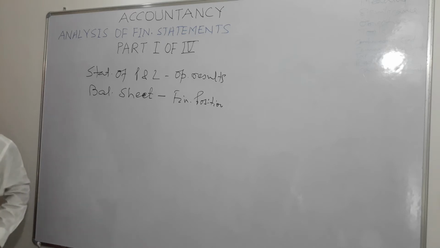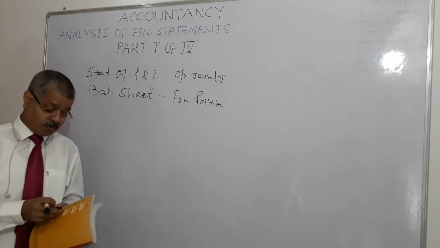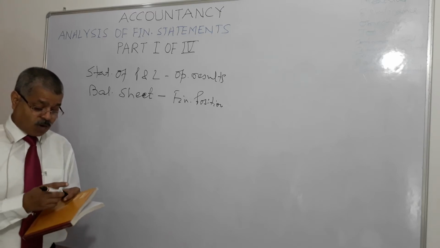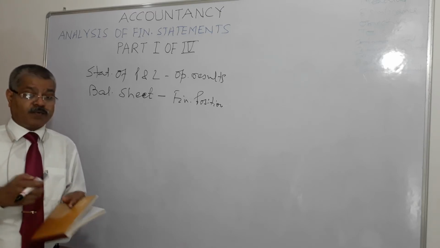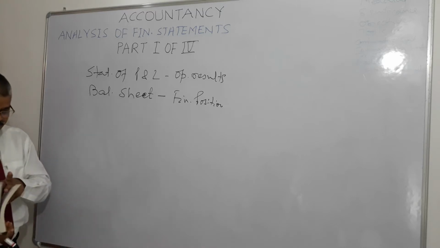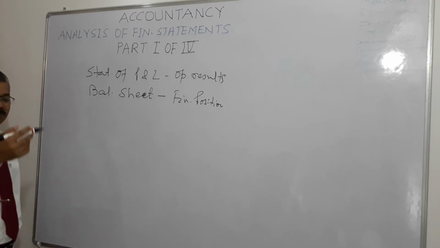Financial statement analysis. Now the question arises, what is the primary objective of financial statement analysis, right? You can just think over. It's very simple. Think yourself that you are an investor. You are investing in the shares of some company. So what could be your objective?